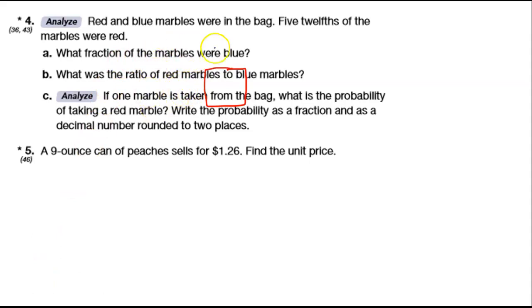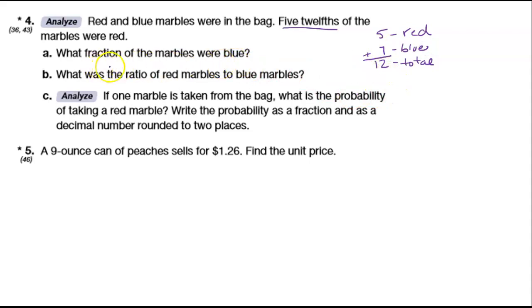Okay. Red and blue marbles were in a bag. 5/12 of the marbles were red. So 5 were red. There were 12 total, which means the rest of them were blue. So that means 7 were blue, because I know 5 plus 7 is 12.